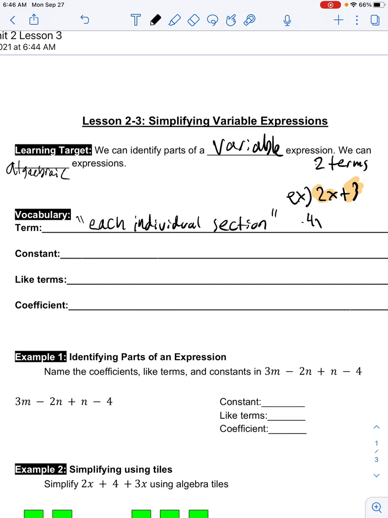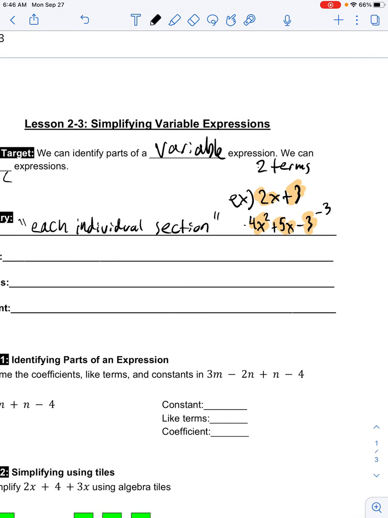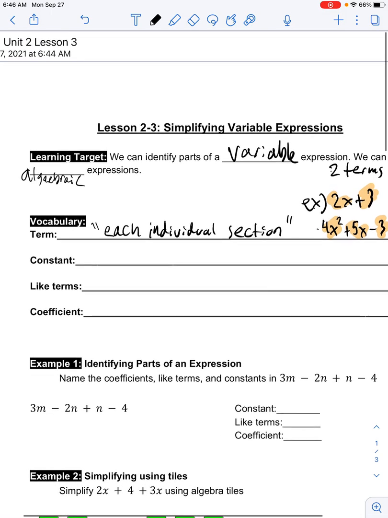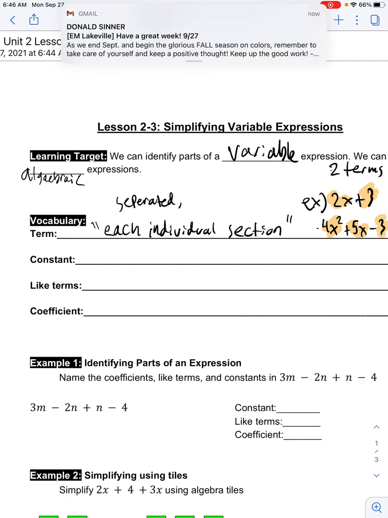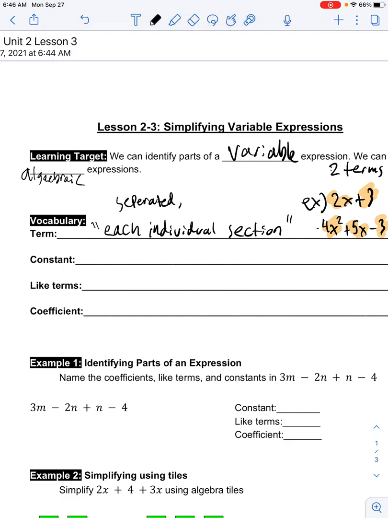Whereas let's say I had 4x squared plus 5x minus 3. In this example, I have 1, 2, 3 terms. And so you can kind of see that the terms are separated by some type of sign, whether it's addition, subtraction, multiplication, division.